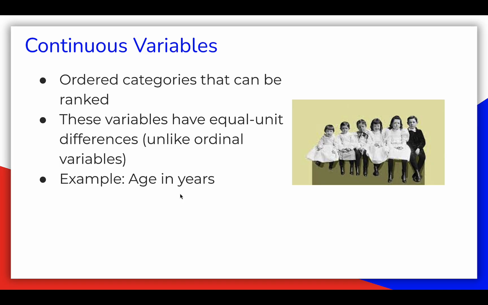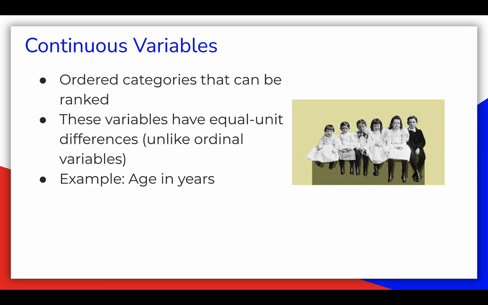The final one is continuous variables. So these are ordered categories that can be ranked, and they have equal unit differences between the categories. So for instance, if I have 2 children, which I do, the difference between 1 and 2 is the same as the difference between 0 and 1, right?